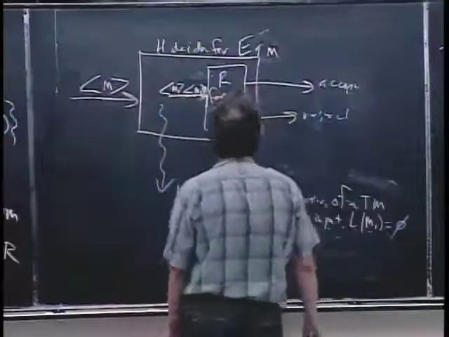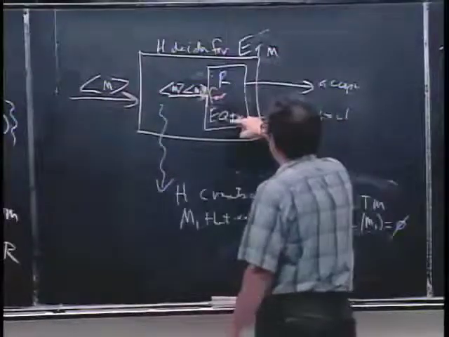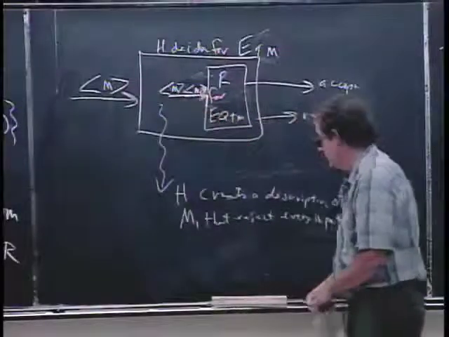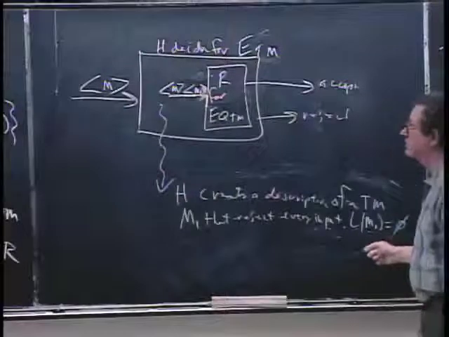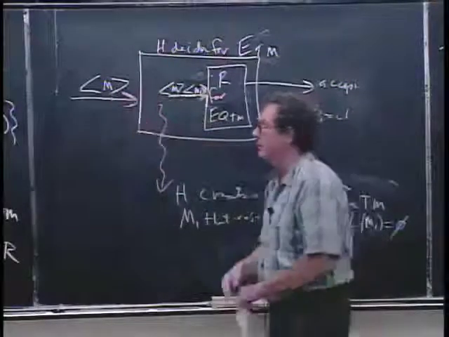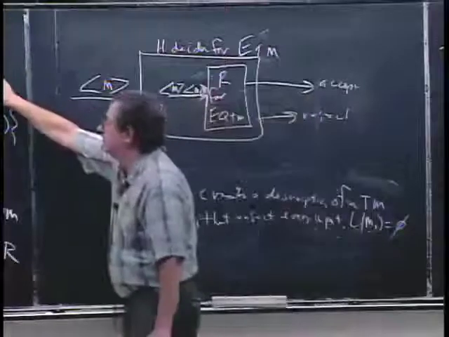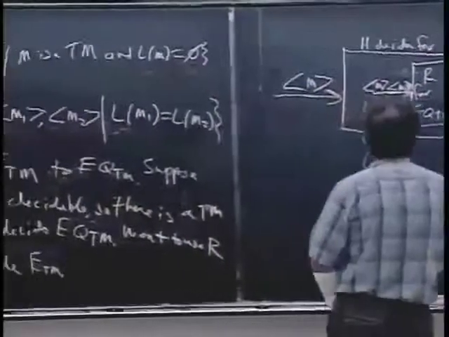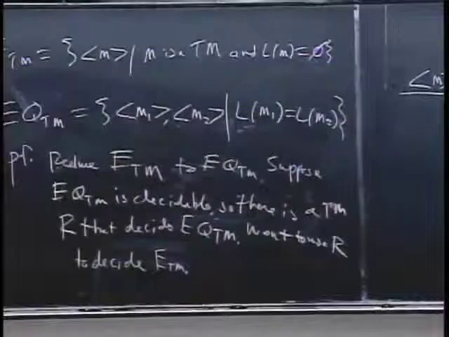That goes that way. And when R rejects, that means that these two languages are not equivalent, but L of M1 is the empty language, which means that L of M is not the empty language. And the way this was phrased, you want to accept if it is the empty language, you want to reject otherwise. So you do that.